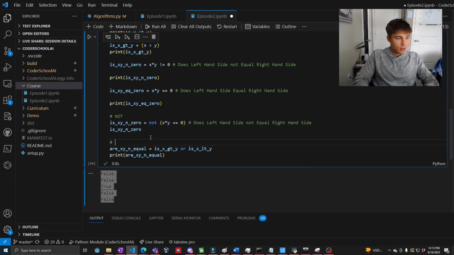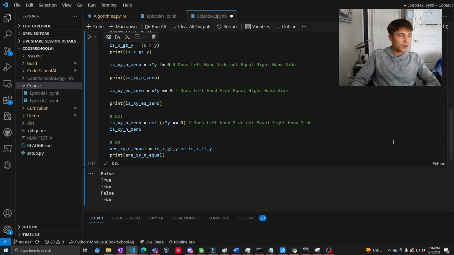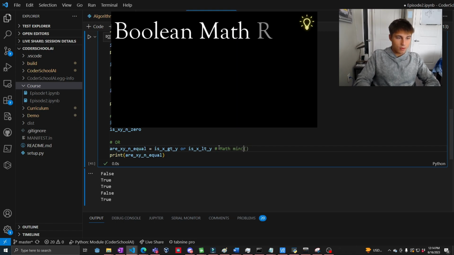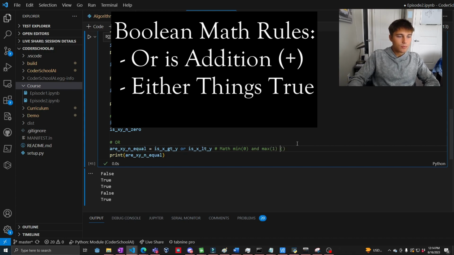Well, okay, let's discover something a little bit about or. And I'm trying to do this the best way I can for people who've never seen Boolean stuff. Well, this value or this value is kind of like what I said before, right? If we had a math with a minimum of 0 and a max of 1, then you could consider this to be 1 or 0.